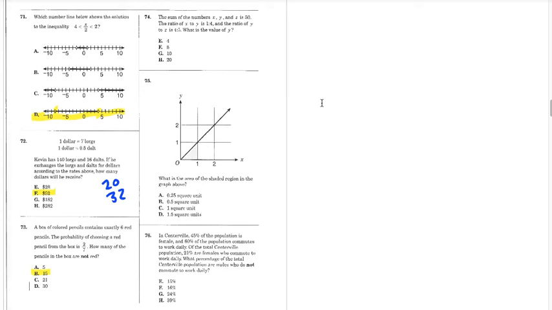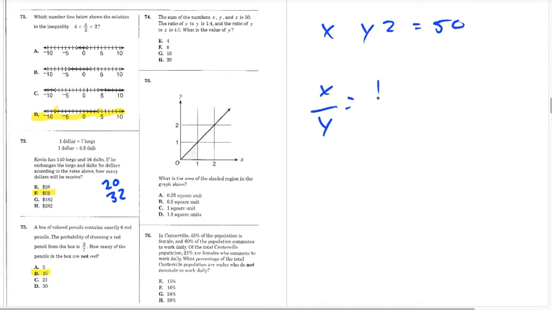Okay? 74. The sum of x, y, and z is equal to 50. Let's see. X over y is equal to 1 over 4. And y over z is equal to 4 over 5. Alright. So we're adding these. So let's just start at the bottom again with 20.